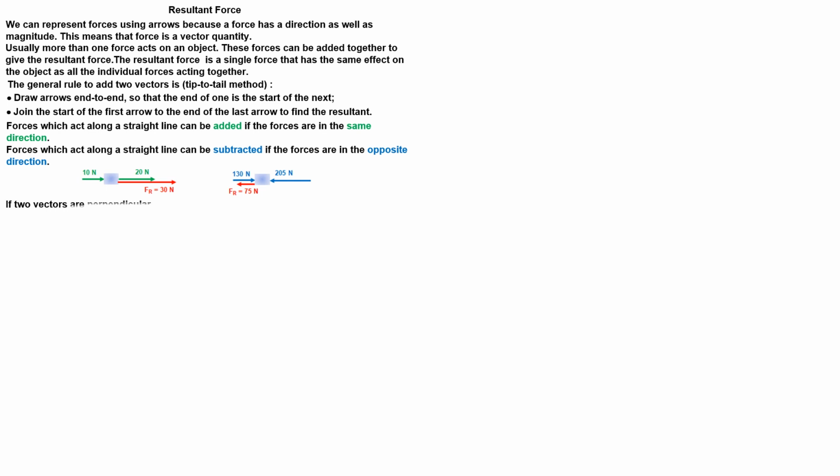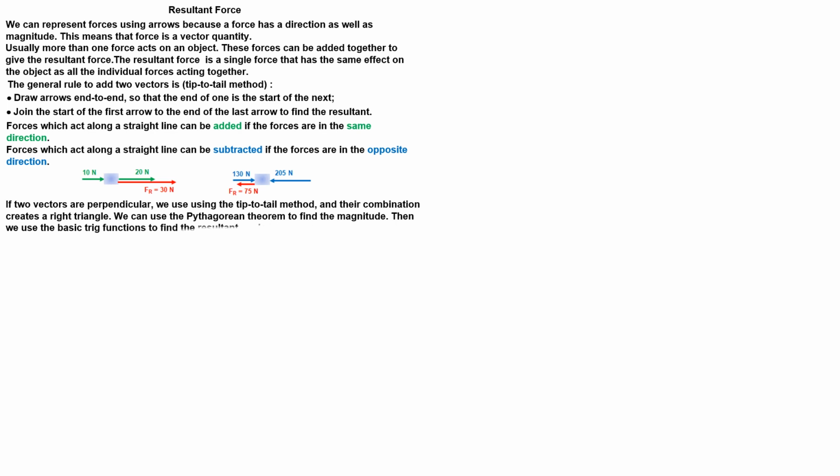Now let's see how to add two perpendicular forces applying the general rule. Find the size of the resultant of two forces of 5 newtons and 12 newtons acting at 90 degrees to each other. Draw arrows end to end.